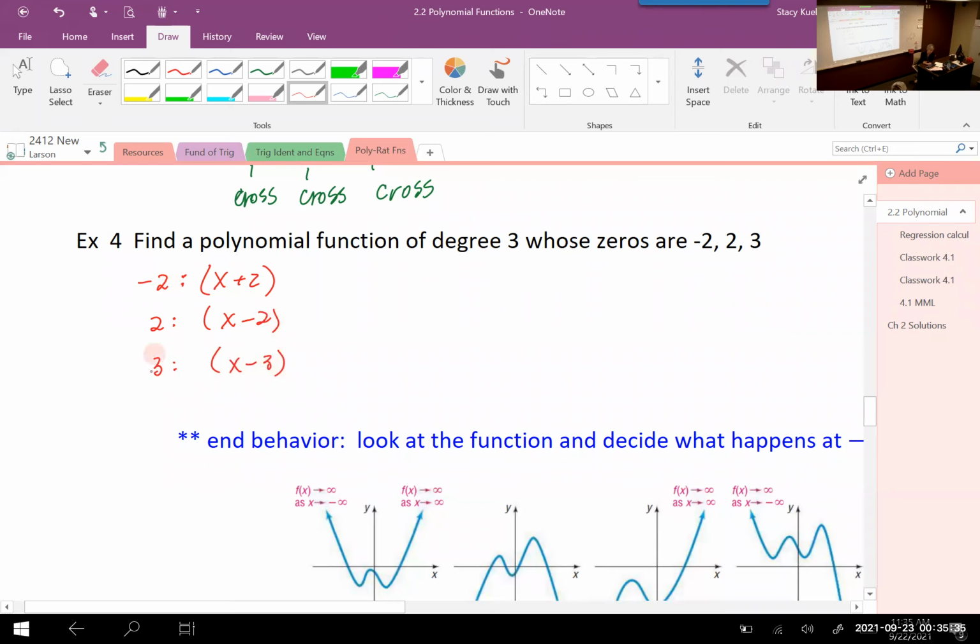So these are the zeros, these are the roots we were given, and I want to put them together to create the polynomial. So we have a function that looks like x plus 2, x minus 2, x minus 3. Now I want to simplify that, in other words, expand it, get rid of the parentheses. Y'all do that for me on your paper.